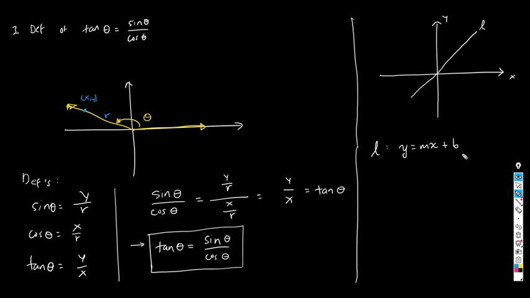In this case, b is going to be equal to 0 because the intersection with the y-axis is 0. So we can write: y equals m times x.